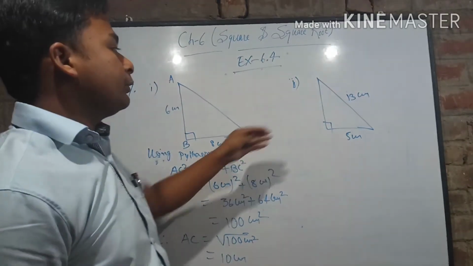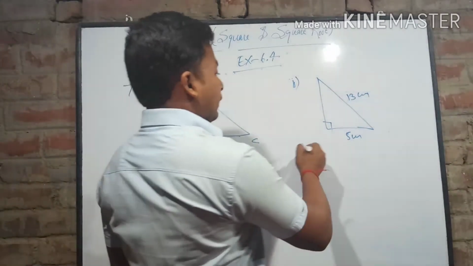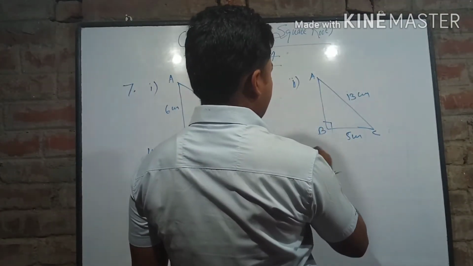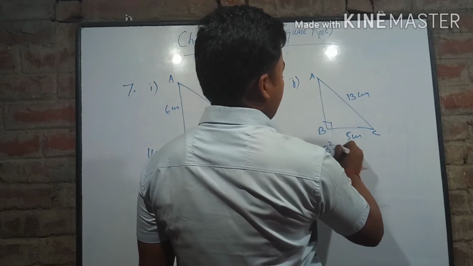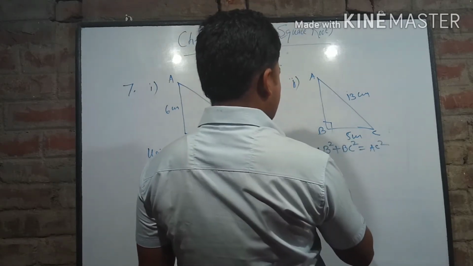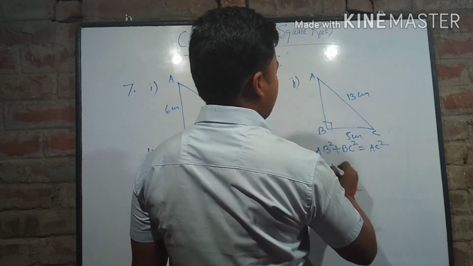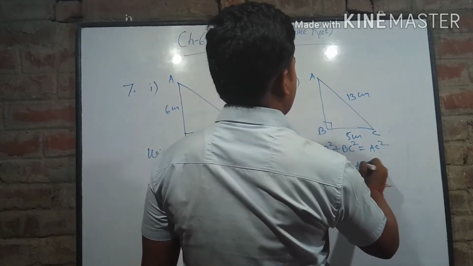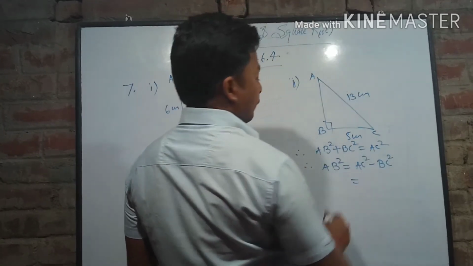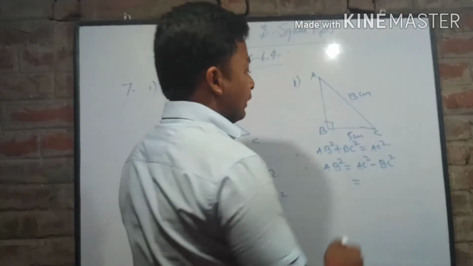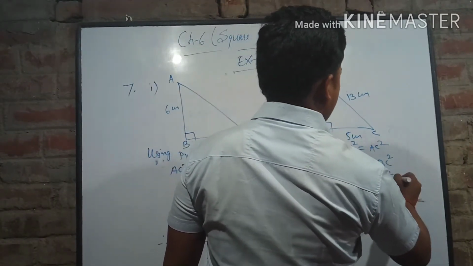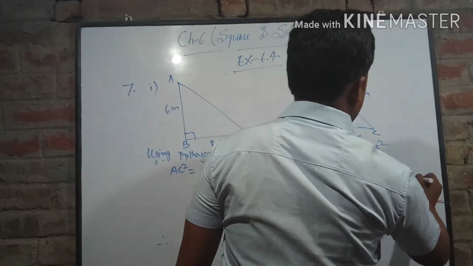Similarly, if it is ABC, then AB square plus BC square is equal to AC square. So we have to find the value of AB square, then AB square will be equal to AC square minus BC square. Now we know AC is 13 centimeter and BC is 5 centimeter.